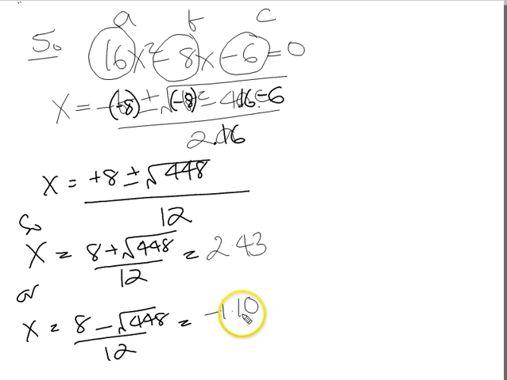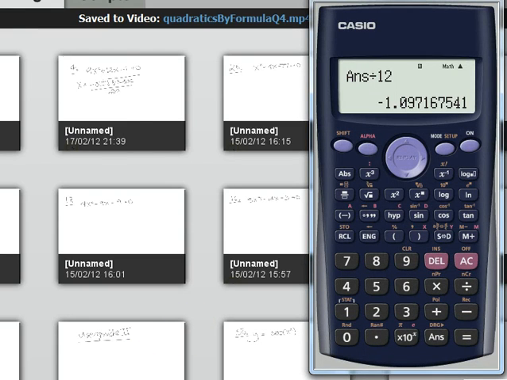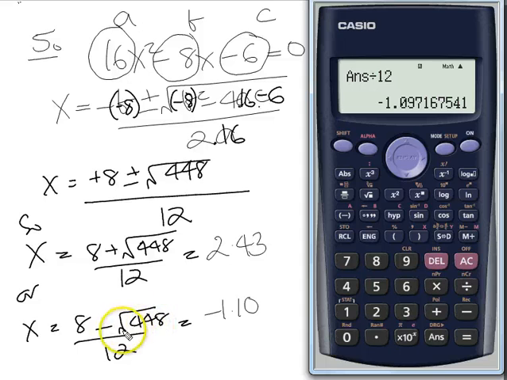So let's just check one of these roots to check it's correct then, shall we? Let's check the second one. So we got minus 1.10. Alright. So it's 16 times x squared. So it'd be 16 times bracket.